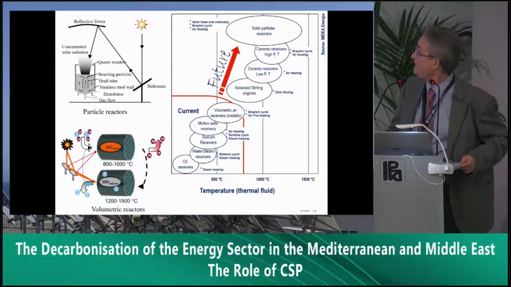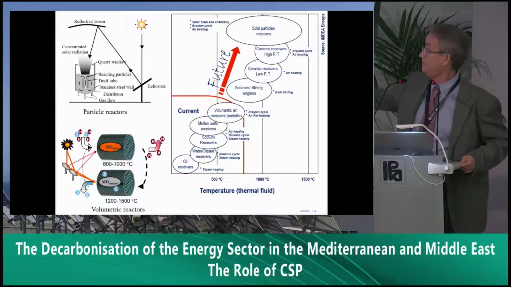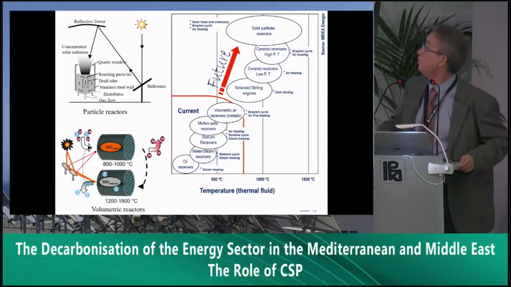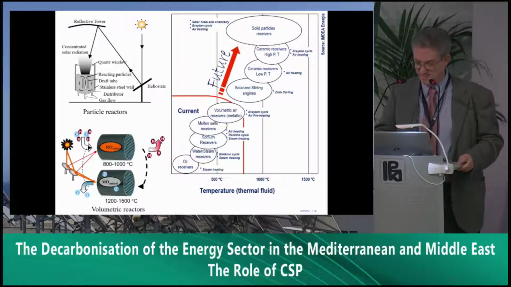So sooner or later we need to improve the use of ceramics, either fixed bed with new kinds of monolithic structures, or solutions involving particle receivers, fixed, entrained flow, or fluidized beds.